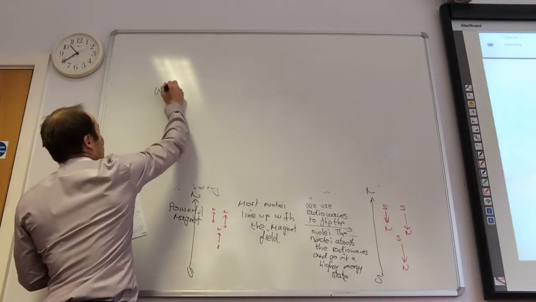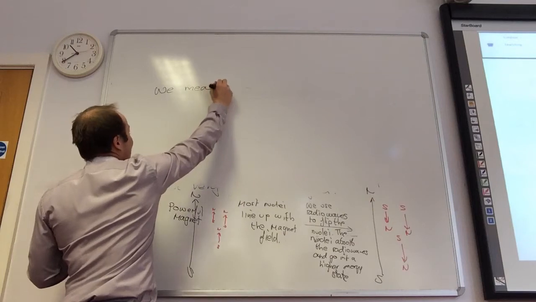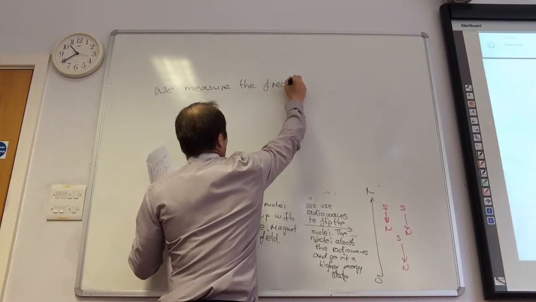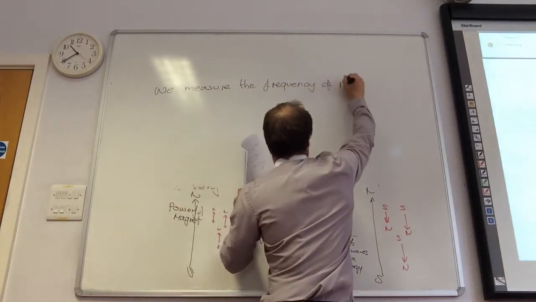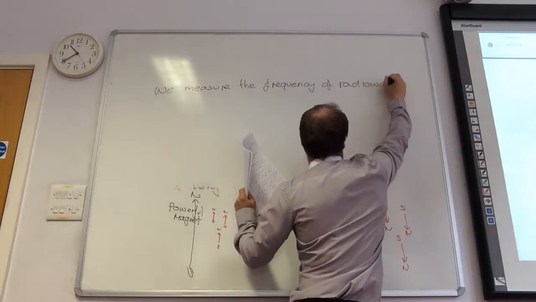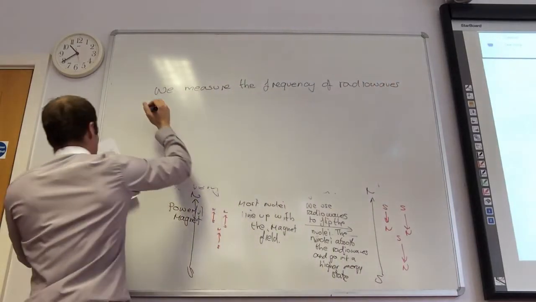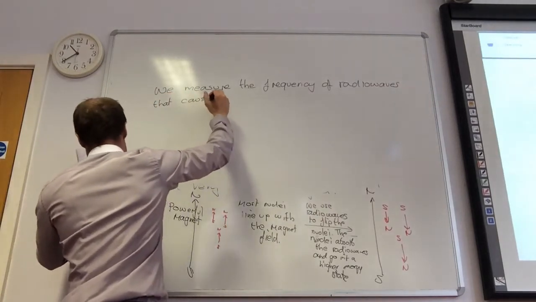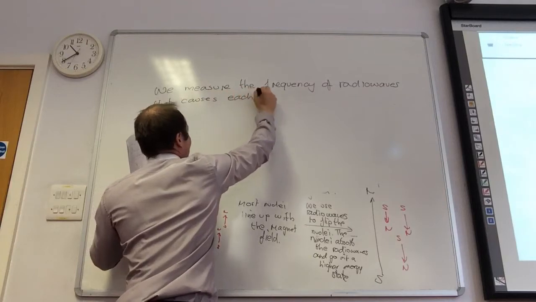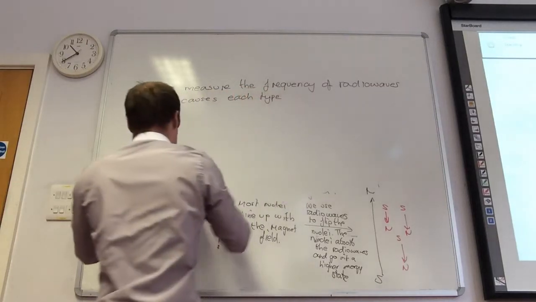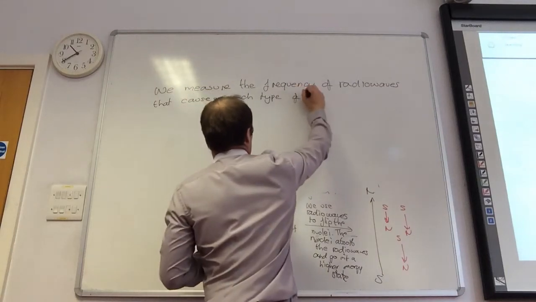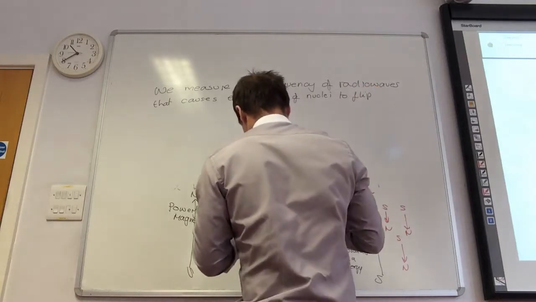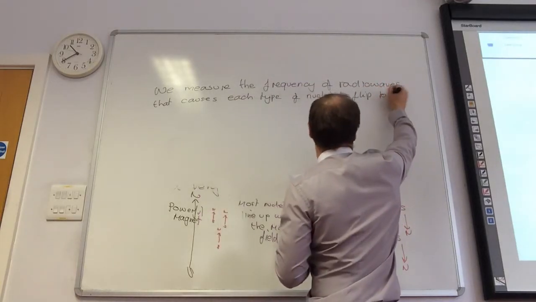So what you've got on your NMR is that we measure the frequency of radio waves that causes each type of nuclei to flip to a higher energy state.